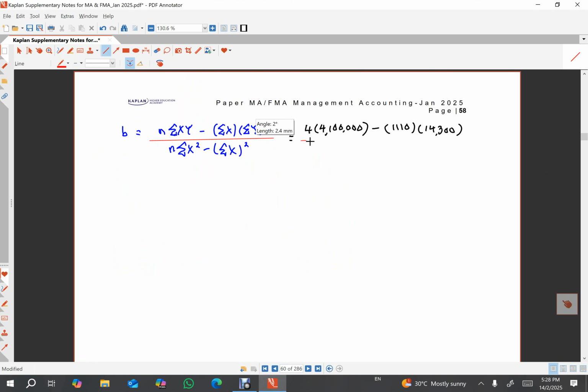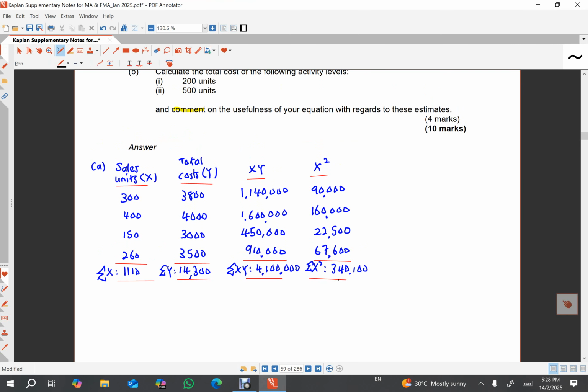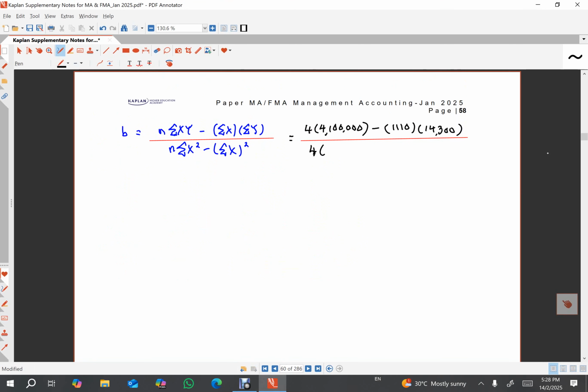N is 4. Summation of X to the power of 2, 340,100, minus the total of X, 1,110, to the power of 2.